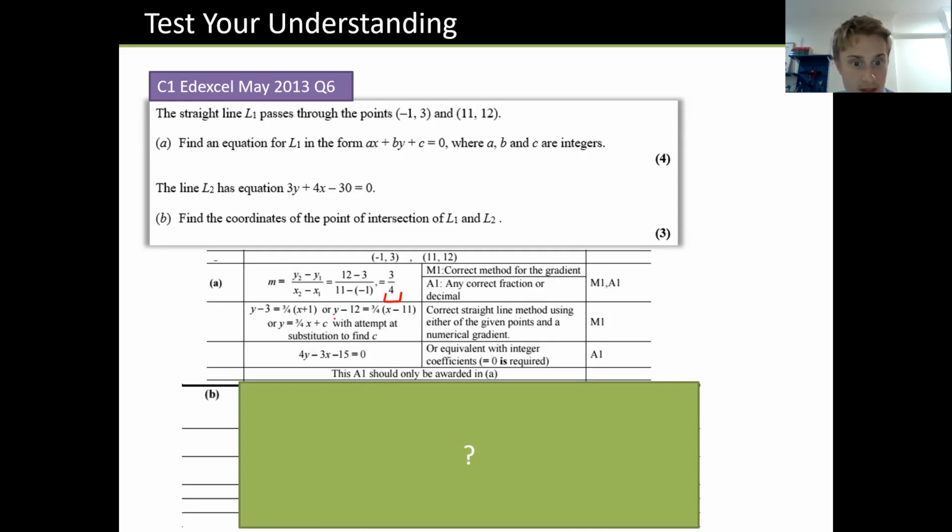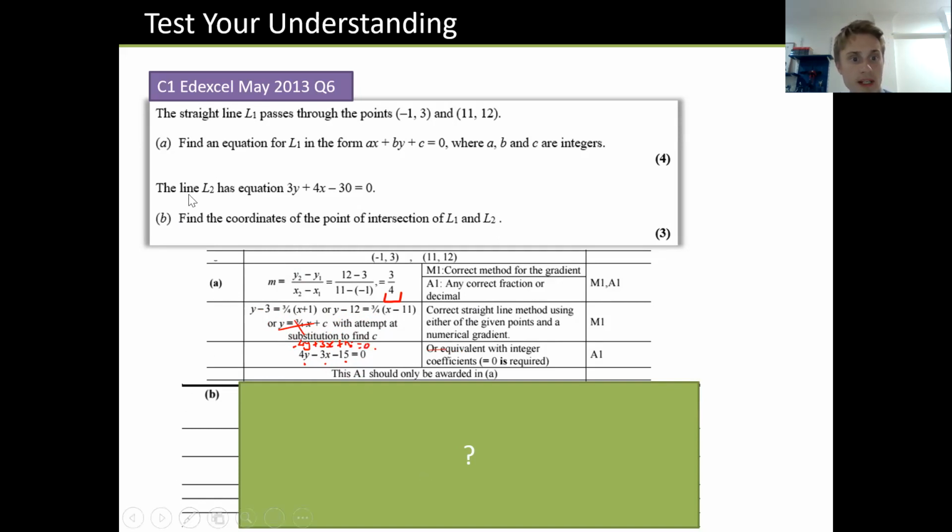Substituting into the line, use the y minus y1 technique. You don't really want to do the mx plus c because we said that's a bit slow. Make sure that your final answer has only integers, please. Again, you could also have the equivalent answer, which is minus 4y plus 3x plus 15 equals 0.